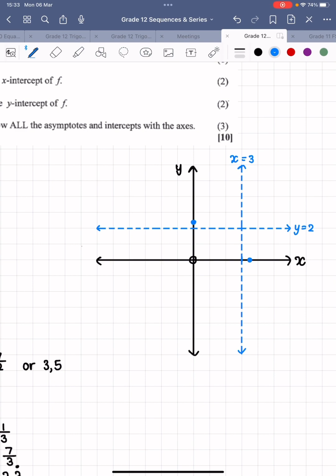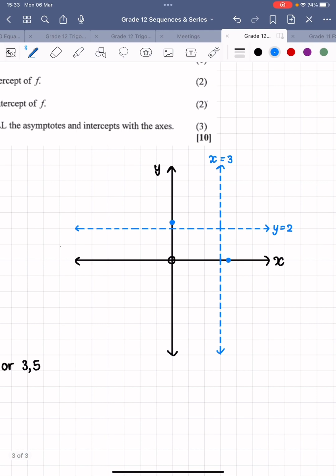You don't have to plot your points completely or perfectly accurately. It doesn't matter, just draw it in the area of that value, and then we are going to put in our curve. This one should actually be curving out a little bit more to the side.